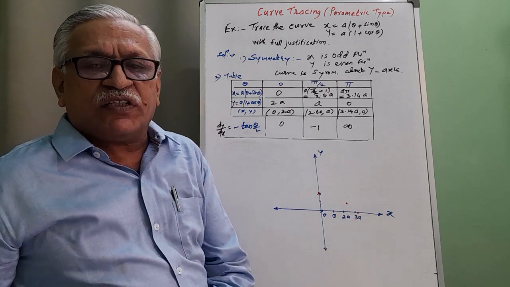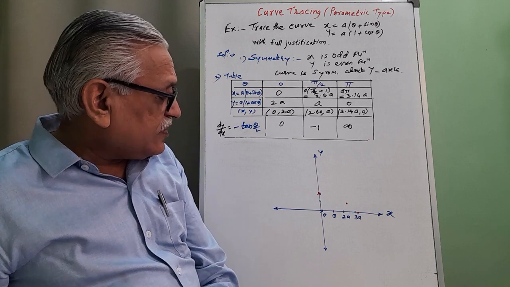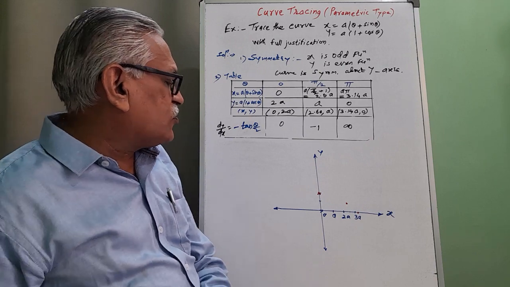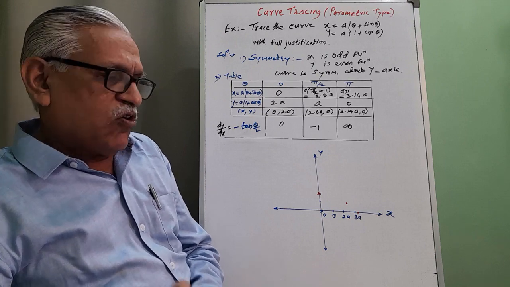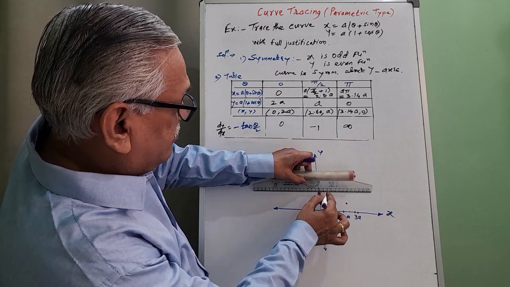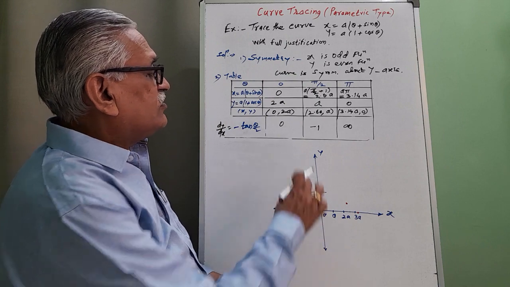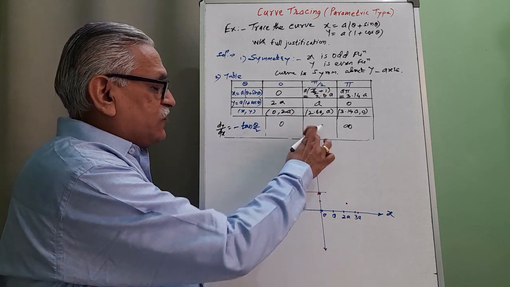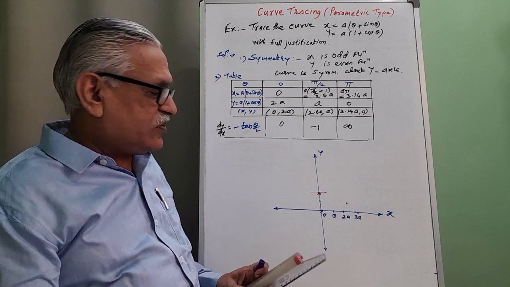Then we try to show the tangent at that particular point. For the first, slope is 0. Slope 0 means a line parallel to x-axis, or a horizontal line, as a tangent. Therefore, we make a horizontal tangent here. Then slope is minus 1. Y equal to x and y equal to minus x have slope 1 and minus 1.